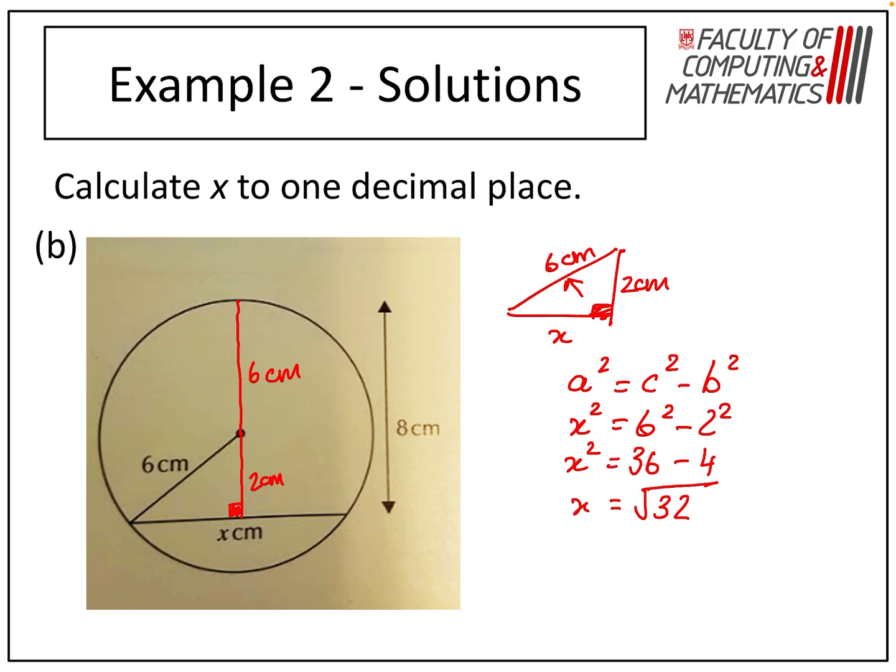And you should get, to one decimal place, x is equal to 5.7. Now, if they wanted the whole length down here, apologies, like I said, that x is badly placed, you would multiply that by 2.